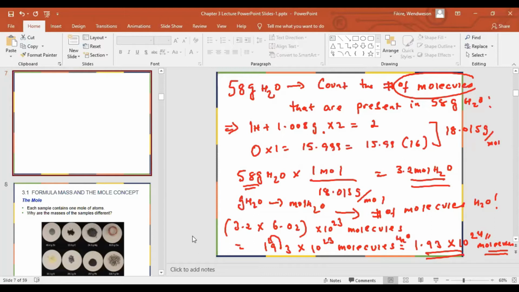They are very, very small particles, and only special kinds of instruments can see them. But what is important for us is that, depending on Avogadro's number, we are able to determine the number of molecules in 58 grams of water, by using the Avogadro's relation here.